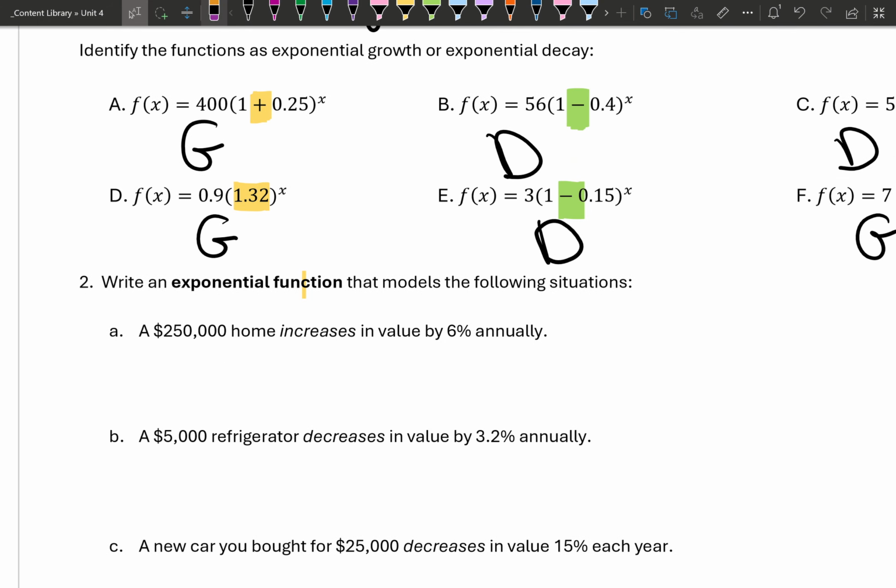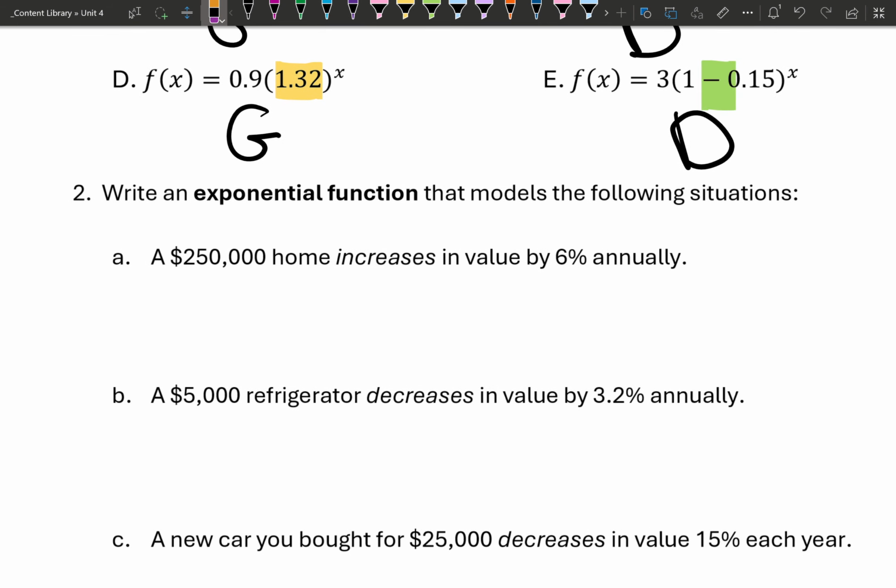What we're going to do in number 3 is just write the exponential function that models these situations. All right, so letter A, we have a $25,000 home that increases 6% annually.